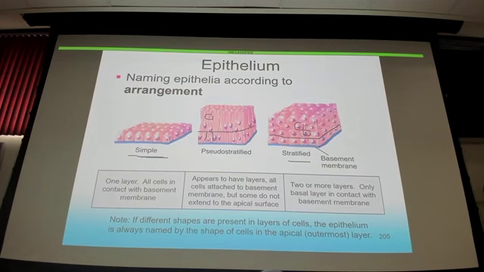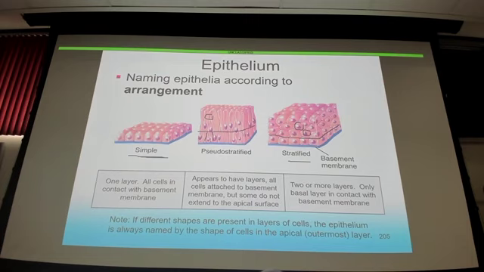And then you think about it, and you say, okay, well then that means that all those are columnar cells, and they're all in contact with the basement membrane, and the definition of a layer where they're all in contact with the basement membrane is simple, right? But you have to think, why would you not want to name those simple?